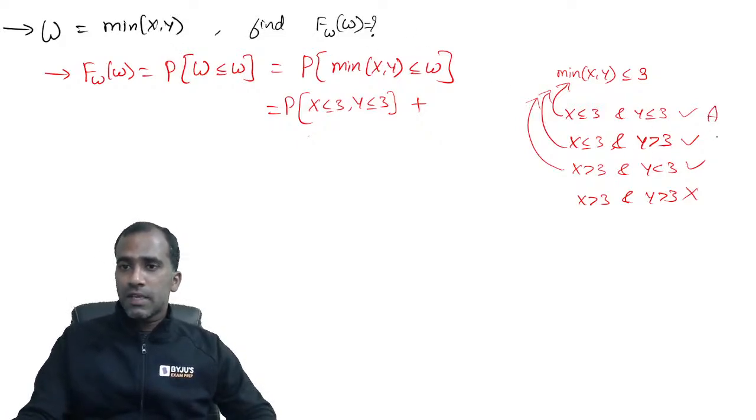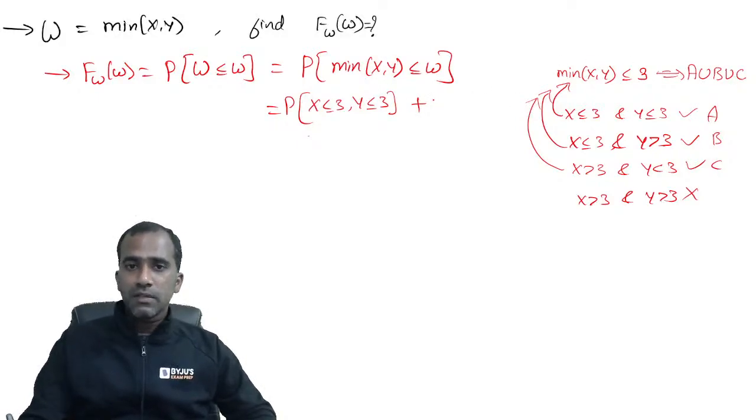If you take these as events A, B and C, all these three events together give us this event. This event is equal to A union B union C. So if you want the probability of this event, you should add up the probabilities of these three.